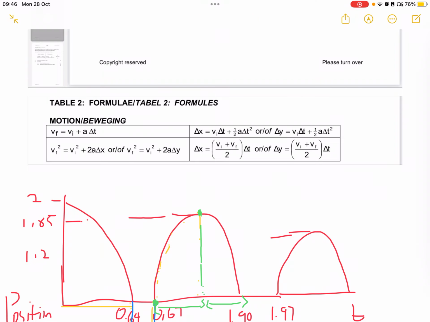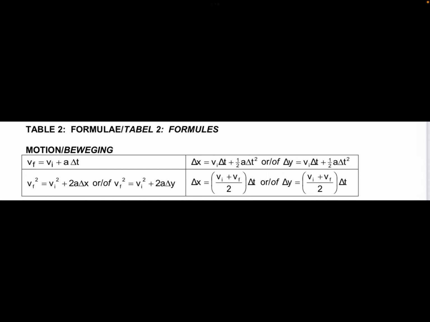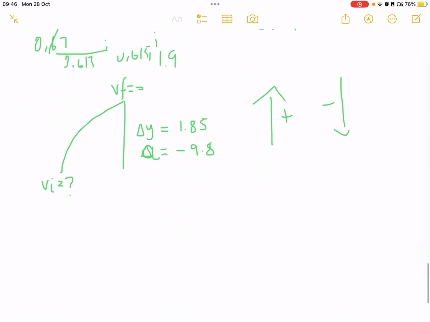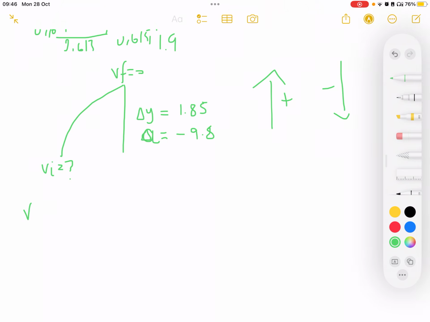It is this second one here. Vf squared equals Vi squared plus 2a delta y. Our unknown is Vi. And our Vf squared is 0 squared, which equals Vi squared.